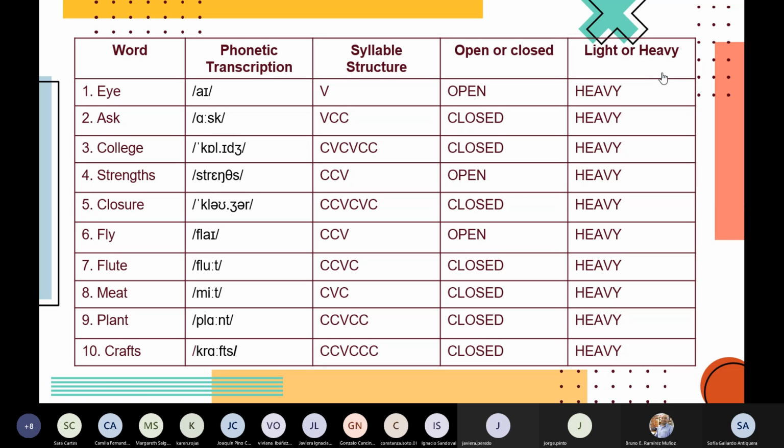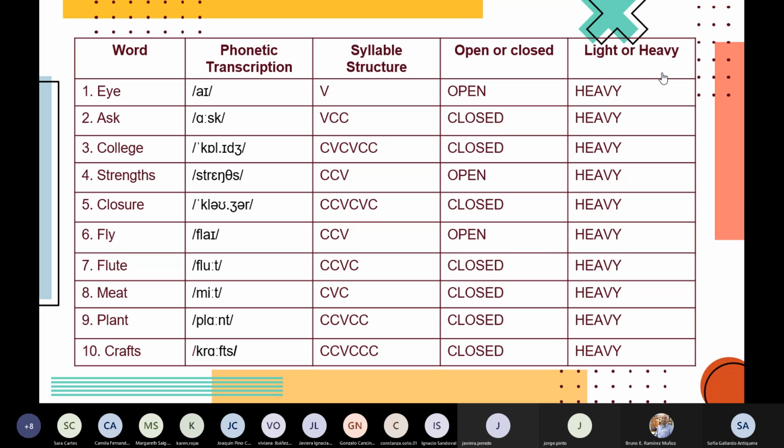Now, if you add to that nucleus a consonant sound to the left as the onset, as in the word no, for instance. Well, no is not a good example because no has a diphthong. The word to is a one-syllable word. You have the vowel sound as the nucleus, and the onset, the consonant sound t. So in this word, we have the syllable structure CV, consonant vowel, right?